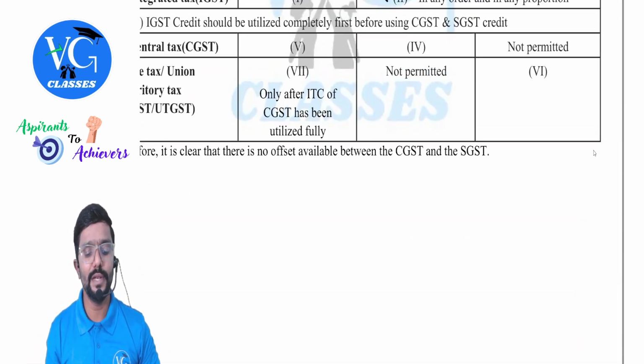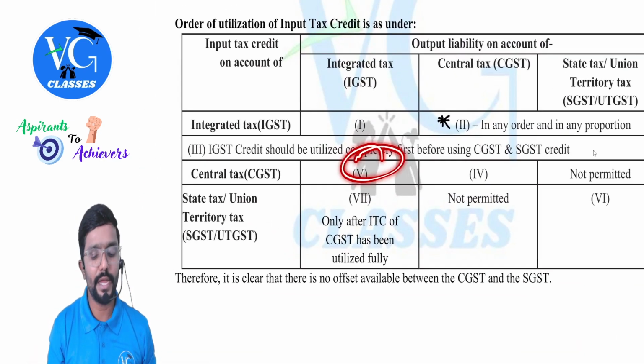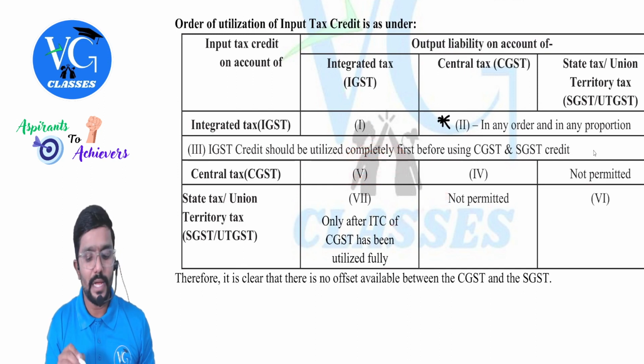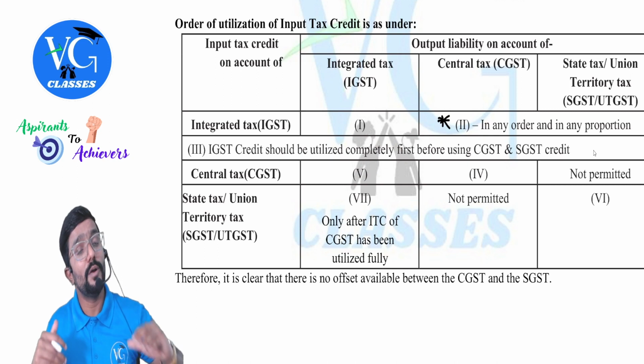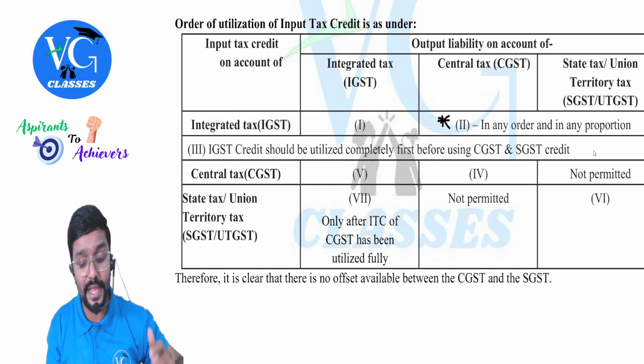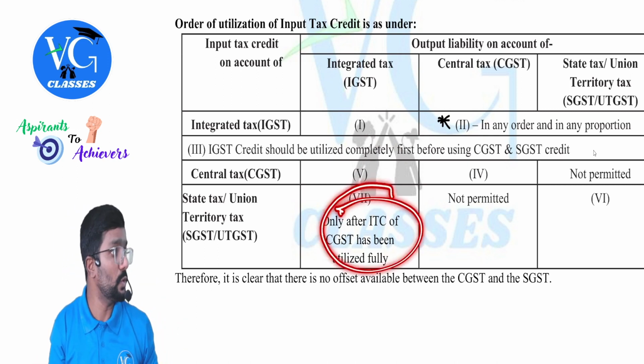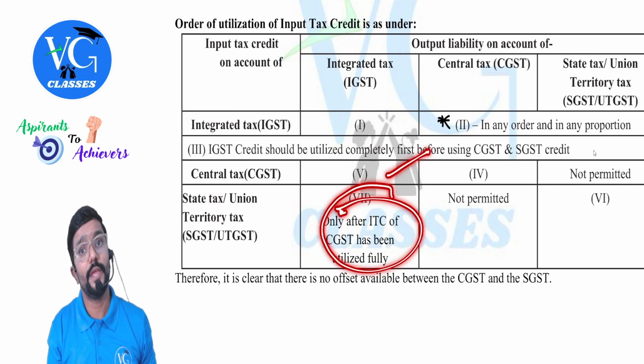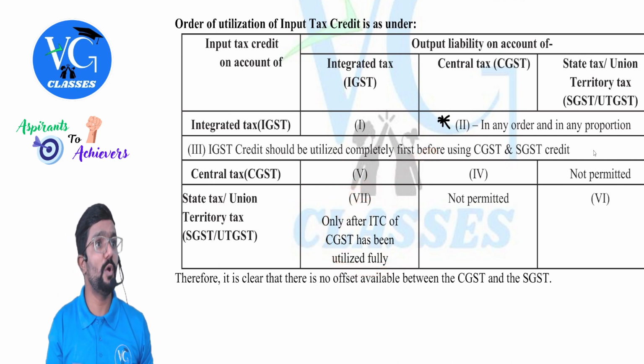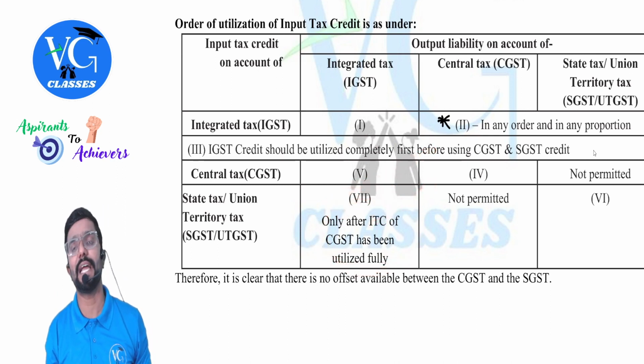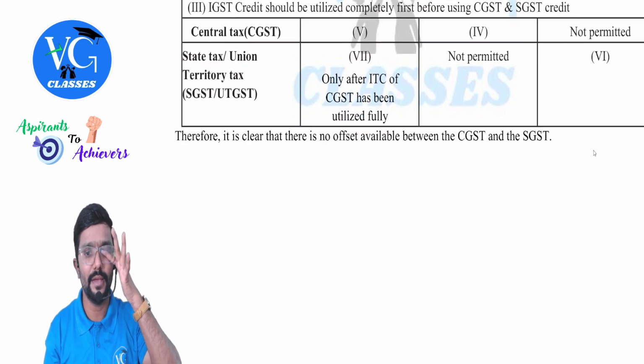Sir, I have some CGST credit pending. Still, can I use SGST credit against IGST liability? No, no, no. First use this. If it is 0, then you can use SGST credit against IGST liability, guys.